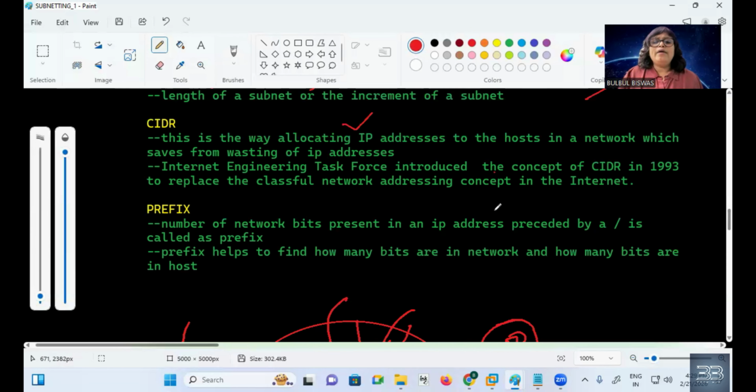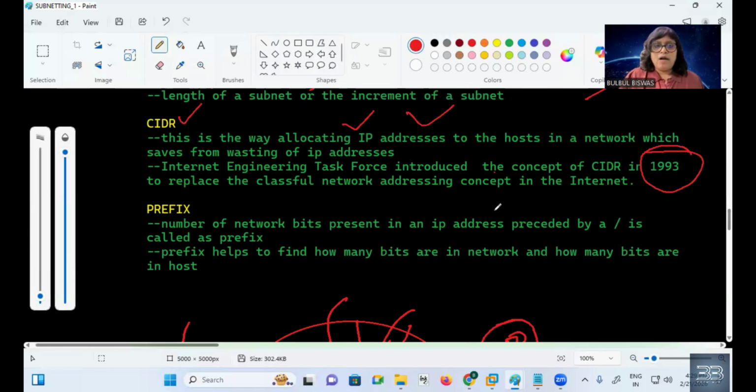The moment we allocate IP addresses to host networks from classful to classless, that concept is called CIDR. And this concept was introduced by the IETF in 1993.